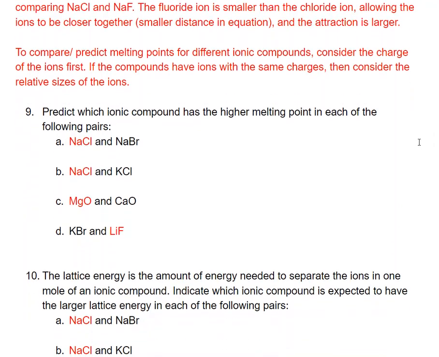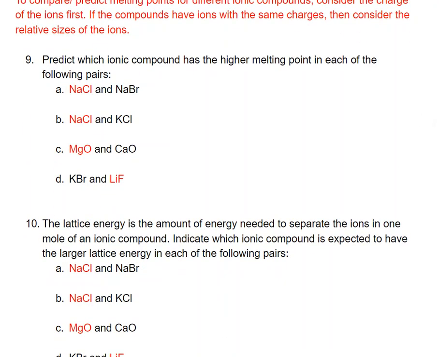In questions 9 and 10 here, we're trying to predict which one is going to have those stronger attractive forces. For melting point, I would pick NaCl. They both have the same charges: NaBr is +1 and -1.